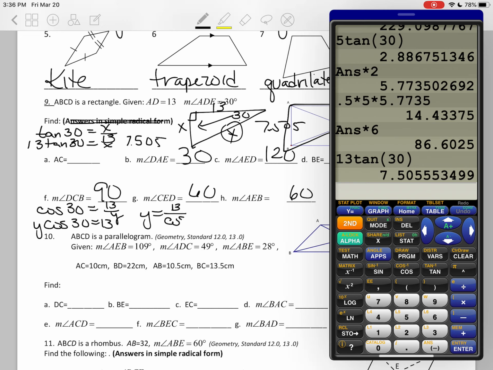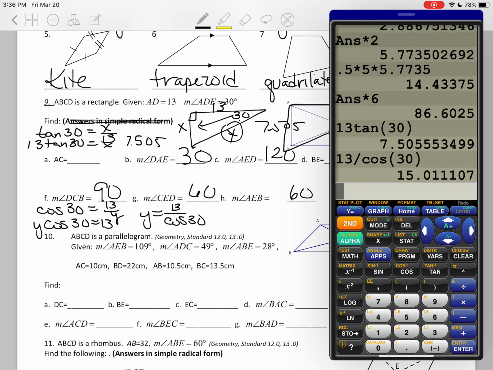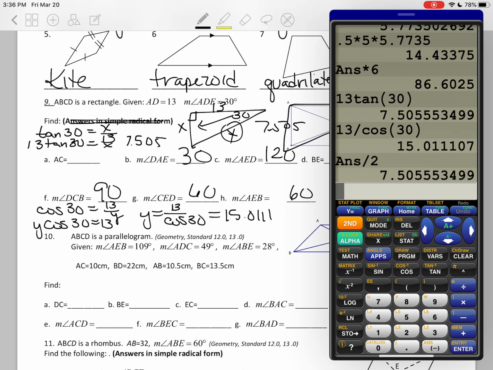So y is equal to 13 divided by the cosine of 30, which equals 15.0111. Okay, that's going to give us our diagonal. And sometimes, for our diagonal, depending on the measurement, we have to divide that by 2. So I'm just going to do that right now. And that gives me the 7.5.